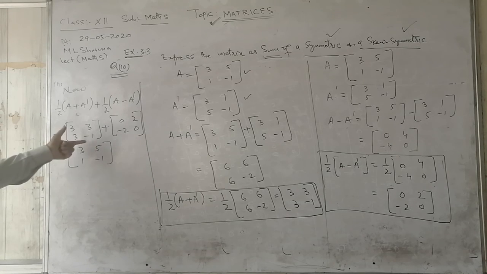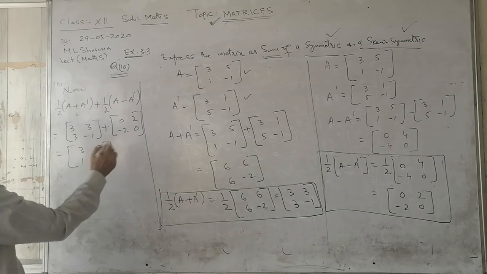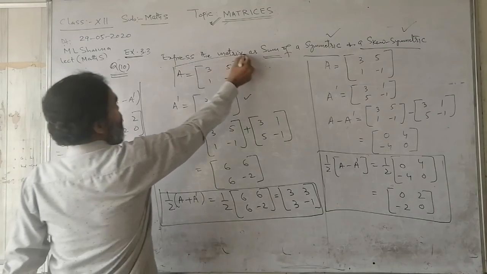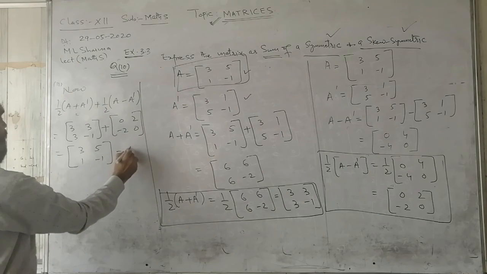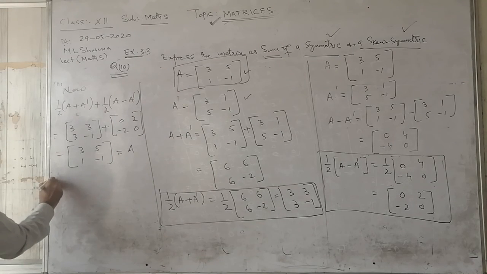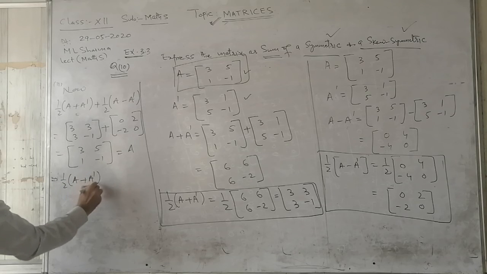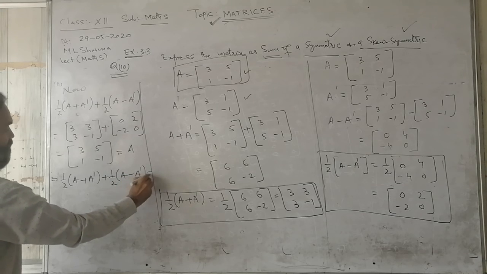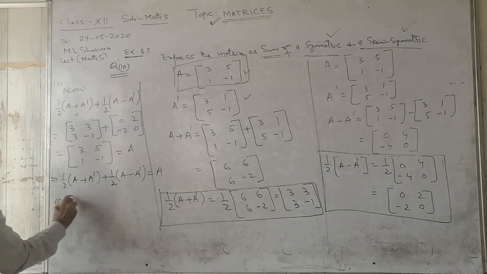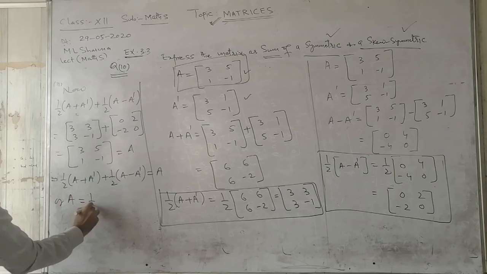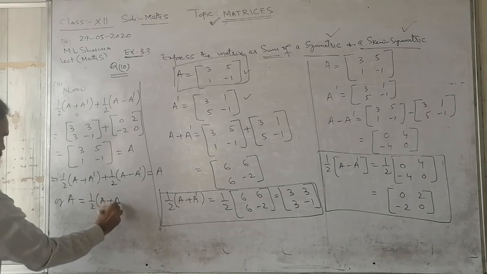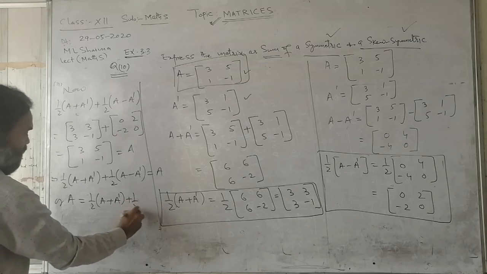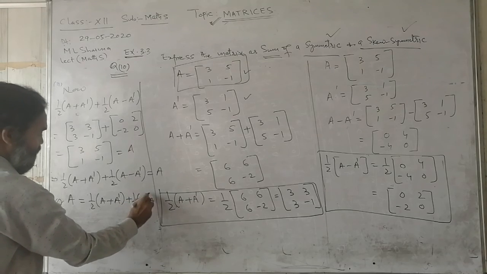On addition of these two matrices this matrix comes, which is matrix A. So half of A plus A transpose plus half of A minus A transpose equals A, or I can say A equals half of A plus A transpose plus half of A minus A transpose.